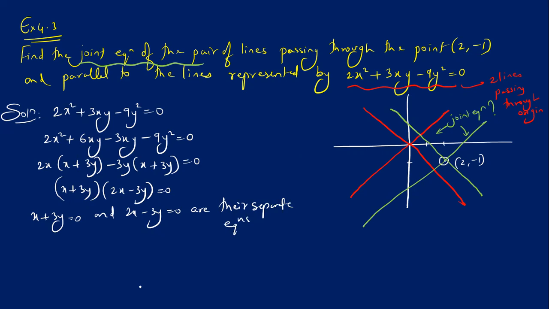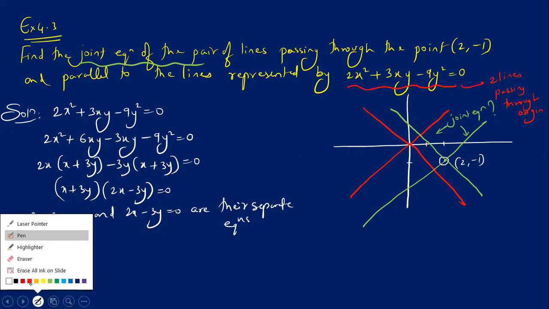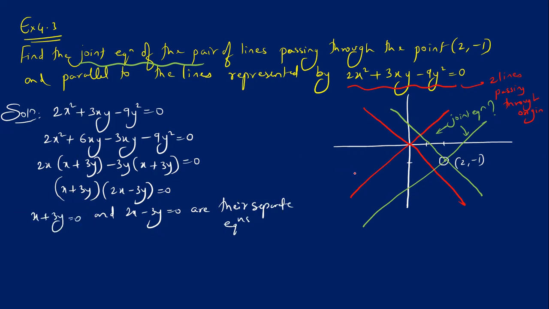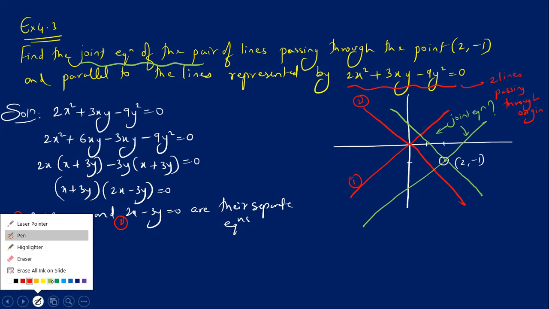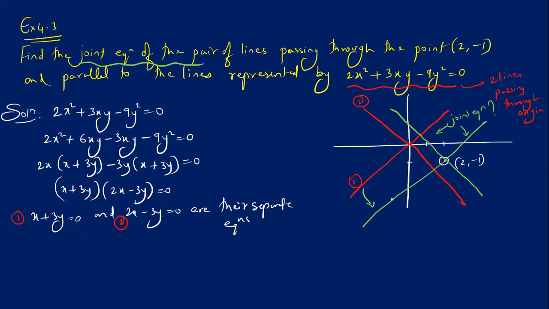Let's say this is the first line and this is the second line. Now the first line has another green line which is parallel to it. If I assume the first line is x + 3y = 0, its slope will be -1/3.